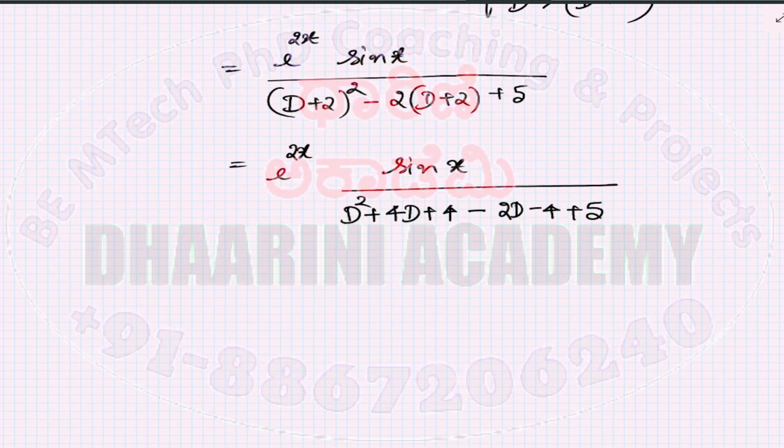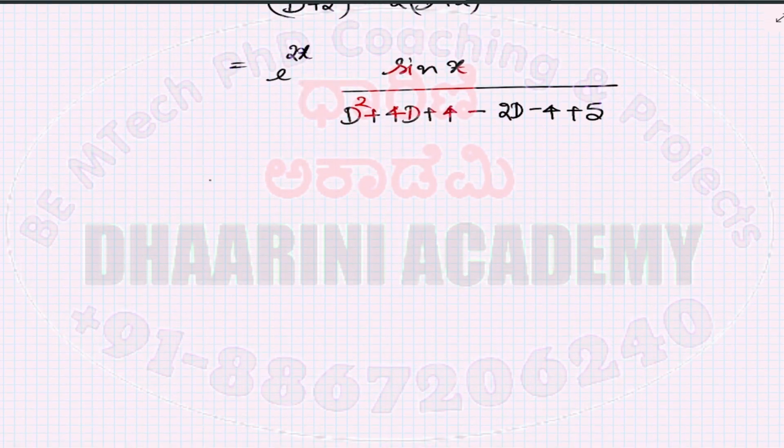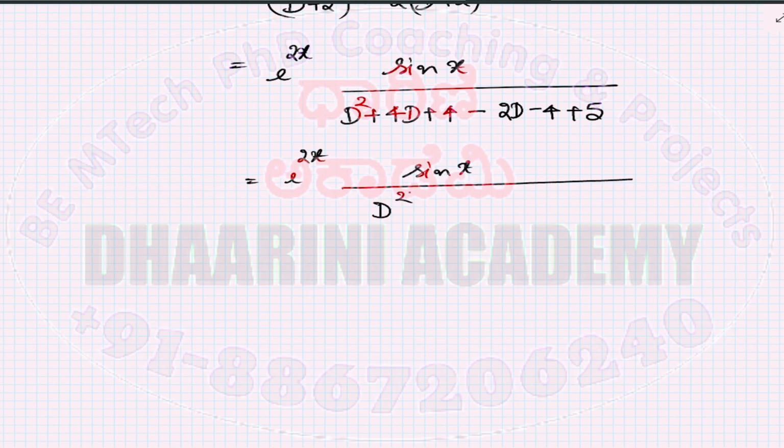Now our next intention is to simplify the denominator. That is e^(2x) sin x divided by, there is only one D² term here, that is simply D². Then there is 4D − 2D, which is simply plus 2D. So 4 and −4 will get cancelled. It is simply going to be plus 5. So D² + 2D + 5.